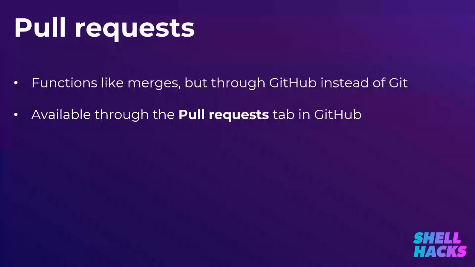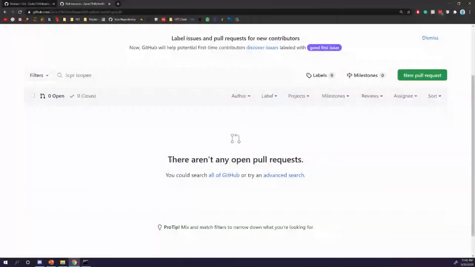The next one I want to talk about is pull requests. Pull requests work similar to merges, except it's a GitHub function instead of Git. They're essentially the same thing. If we look at GitHub, I wanted to make a new pull request.